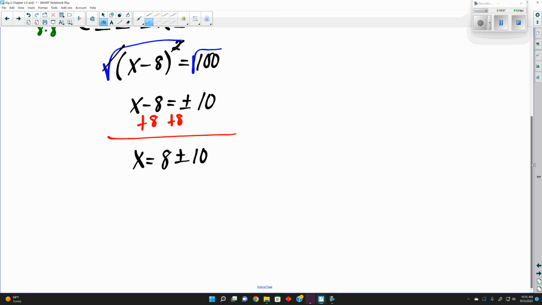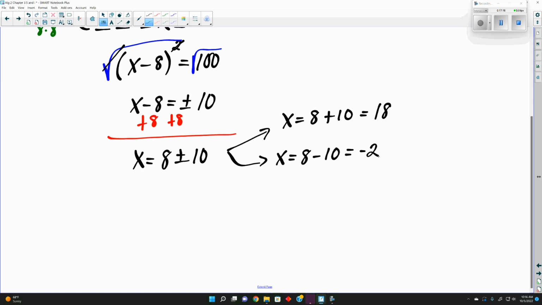Yeah, so we'll need to do that. So this is telling us that x is equal to 8 plus 10, or that x is equal to 8 minus 10. Well, 8 plus 10 is 18. 8 minus 10 is negative 2. So our x is equal to 18 comma negative 2.